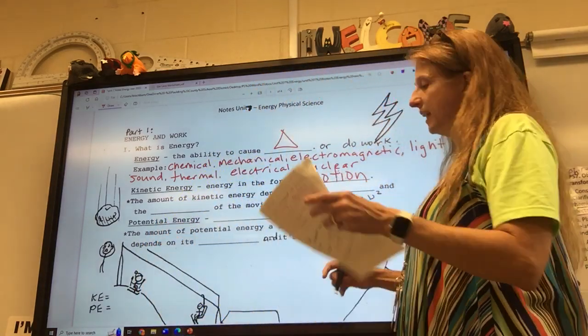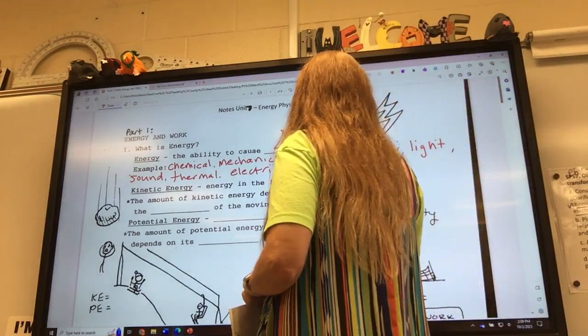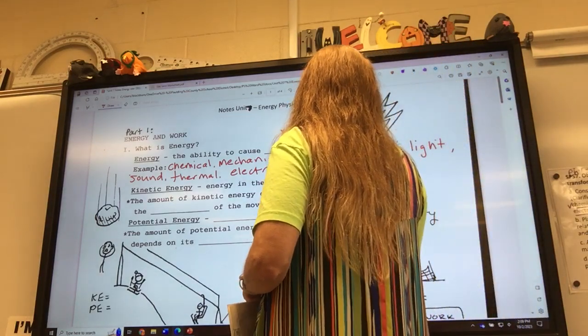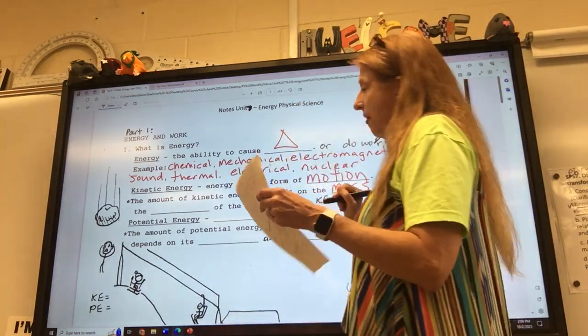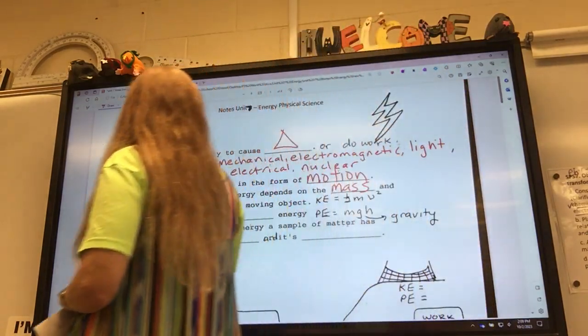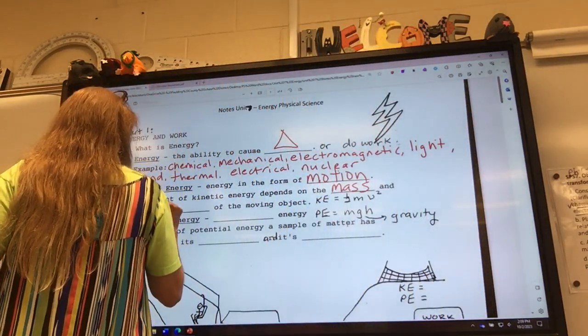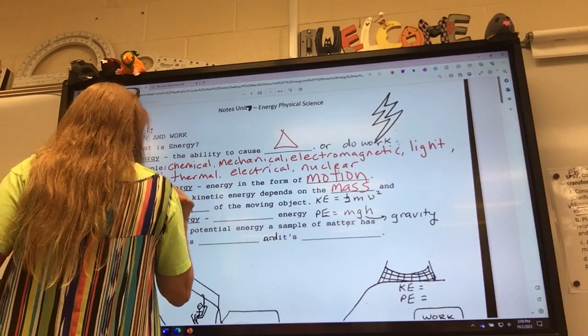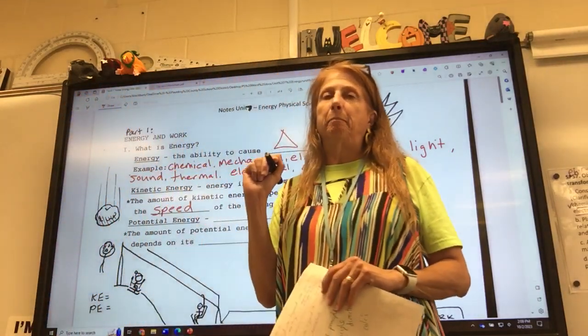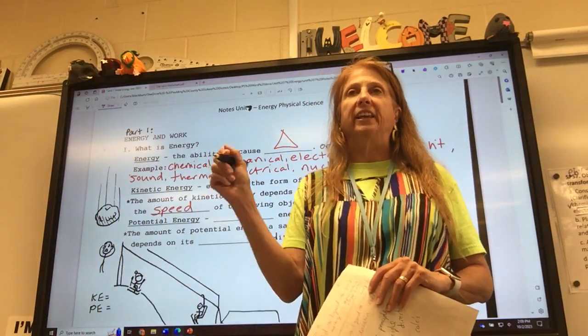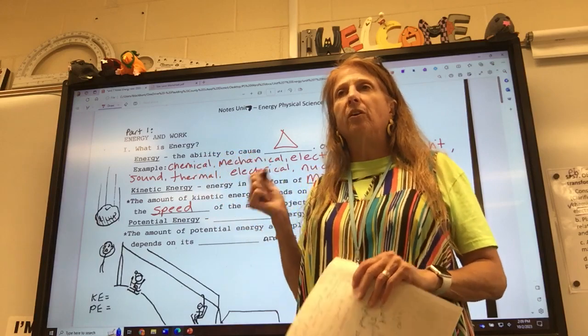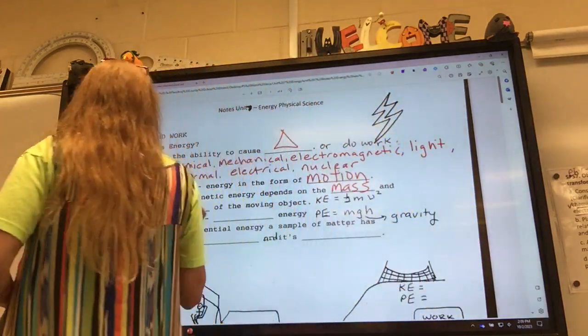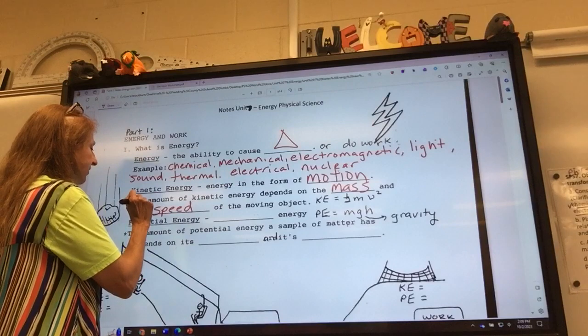The amount of kinetic energy depends on the mass. If it's bigger and moving, it's got more energy, and on the speed. How fast is it moving? Now, I don't know if you've ever heard the word velocity, but it's very similar to speed. And a lot of times people say velocity here instead of speed.